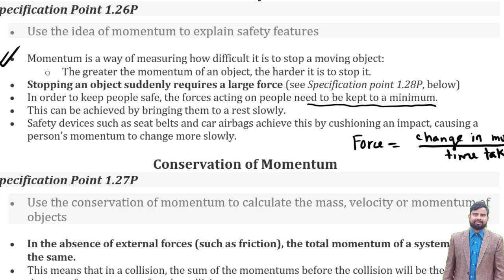So if we want to reduce the amount of impact force or any force, then we have to decrease the change in momentum or increase the time taken. That's why stopping an object suddenly requires a large force, because suddenly means very short time.